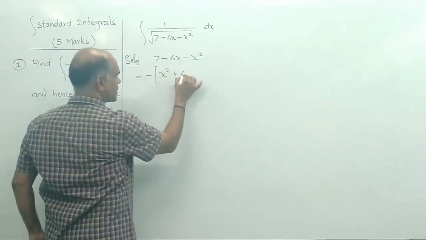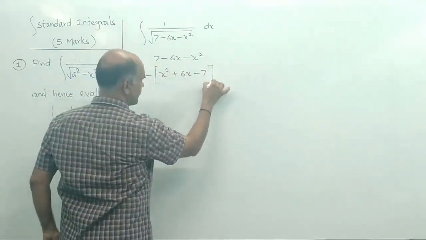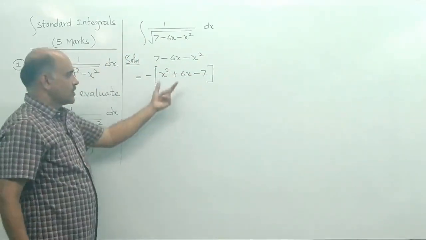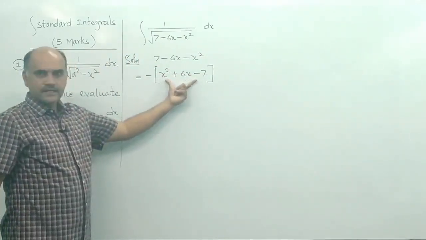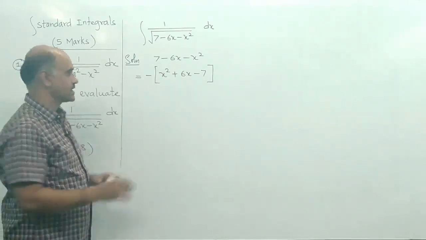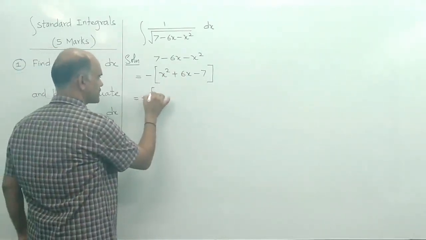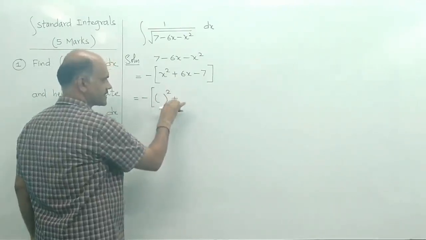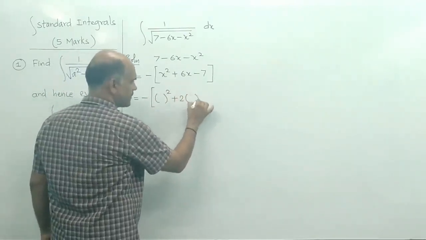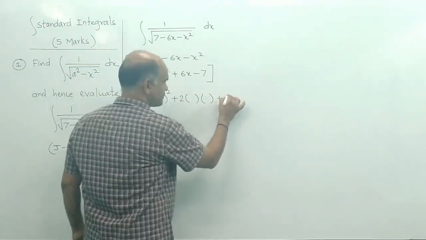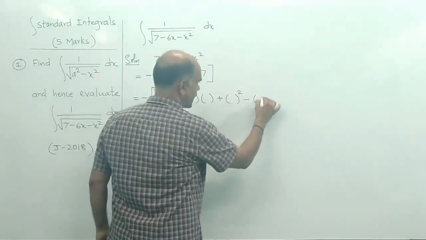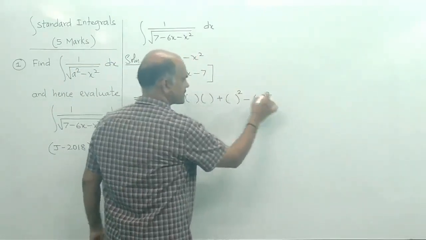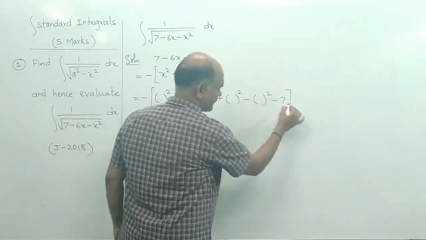So minus into bracket x square plus 6x minus 7. Now convert this quadratic term to a perfect square. So you will have minus, a square, here plus is there, so plus 2ab plus b square minus b square, and this minus 7 as it is.